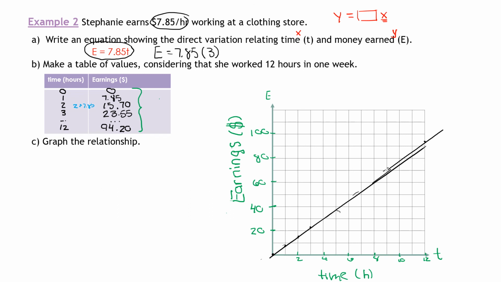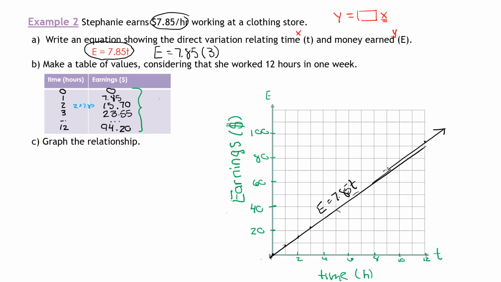As usual, you're going to draw a perfect line, but I have a really hard time with my tablet, so you didn't need to extend it that far. This should not be extended out here. That shouldn't be there at the bottom. So that's our line. I can label it with the title of the line, the equation, E equals 7.85t. That's the equation of the line.